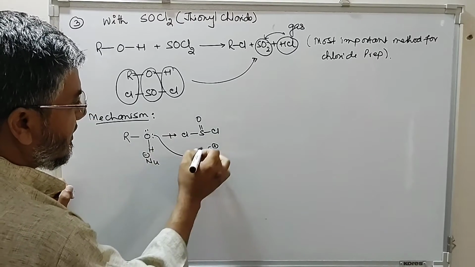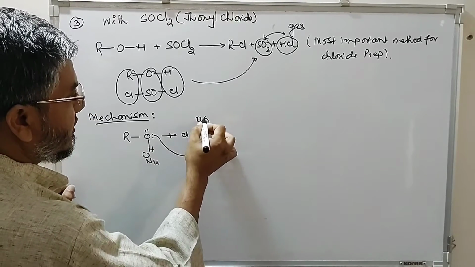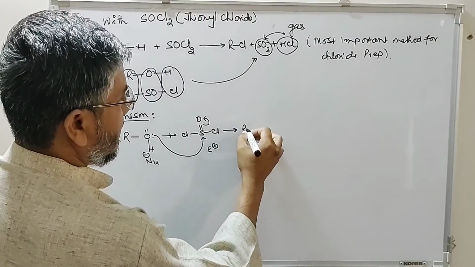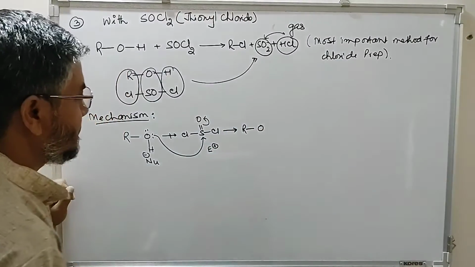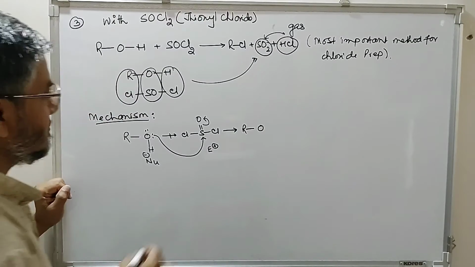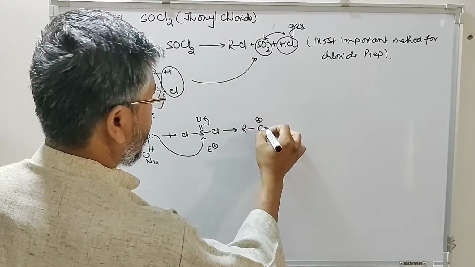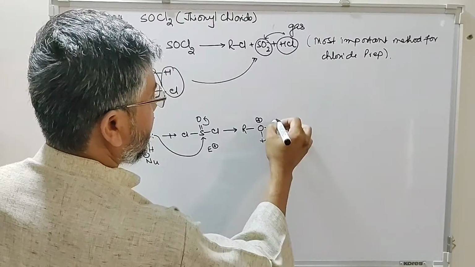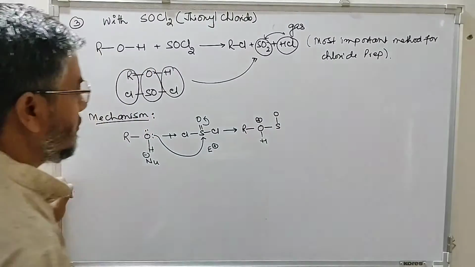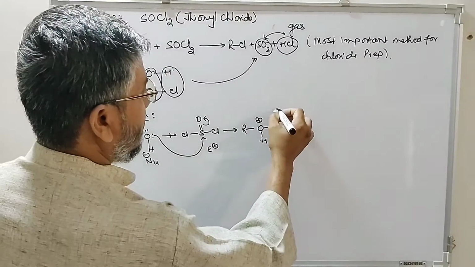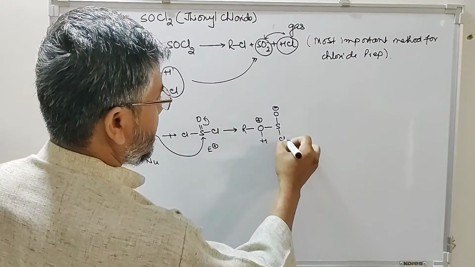So this nucleophile attacks the electrophilic sulfur, giving RO, H positive, sulfur, O minus, Cl.